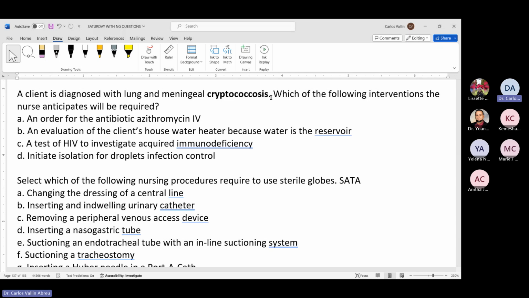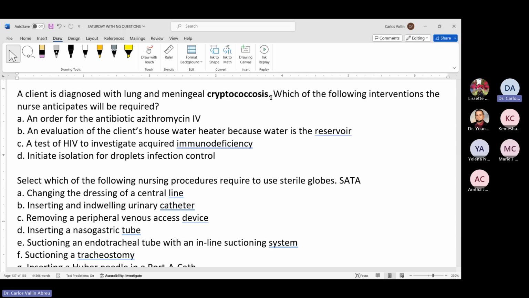So C says a test for HIV to investigate acquired immune deficiency. It sounds like the right answer. D, initiate isolation for droplet infection control? No, these kinds of infections that are opportunistic require standard precautions. They are not passed from person to person, not passed from immune competent persons to other persons.